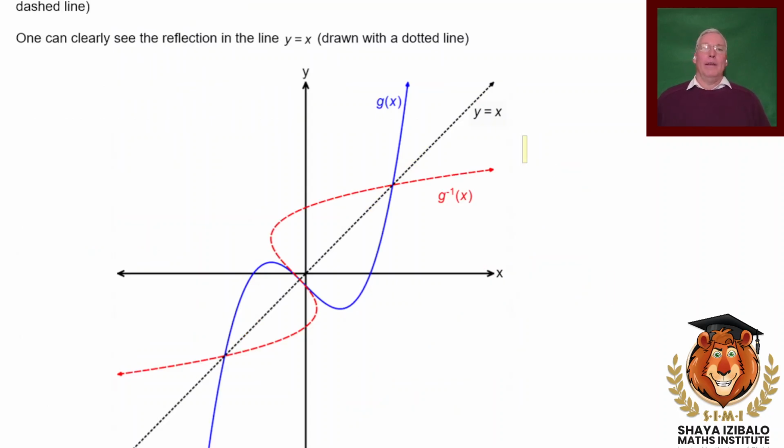Right, here's another one. What you can see here is that we've got the function g in blue, and then we've got the inverse function in red, which is a dashed line. Just for interest, g is actually a function, if you notice, because it passes the vertical line test.